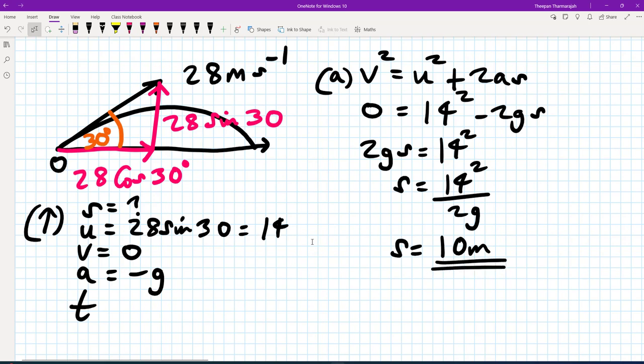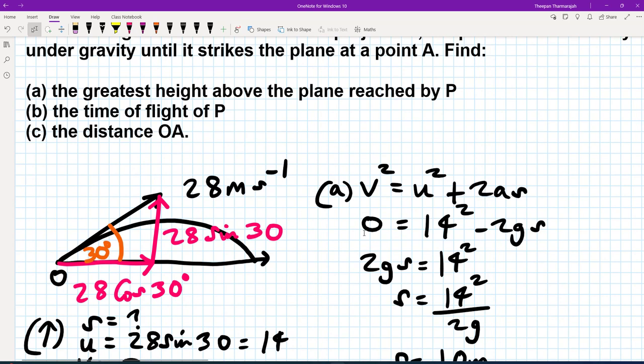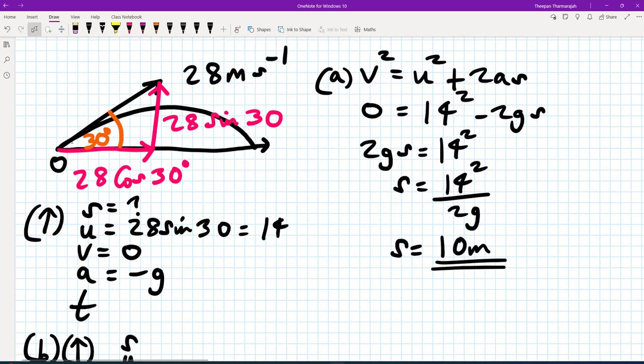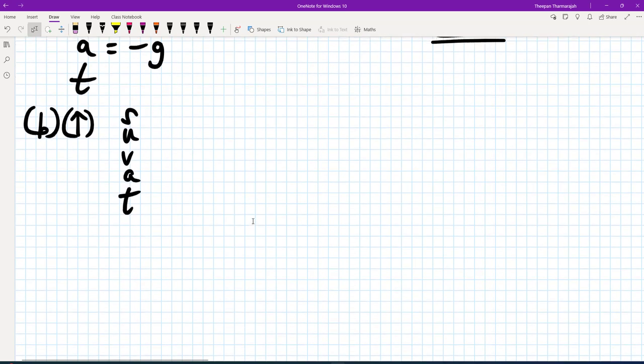Then part B says find the time of flight of P. So if we take upwards positive and do the SUVAT again, it starts from 0 and it ends up at 0. So the displacement is still going to be 0.